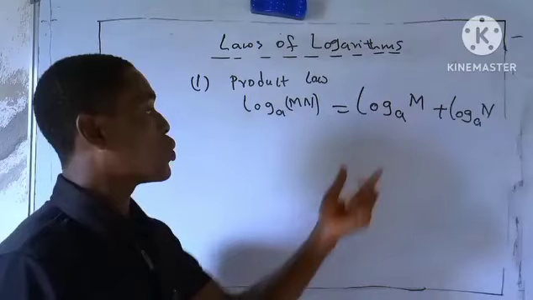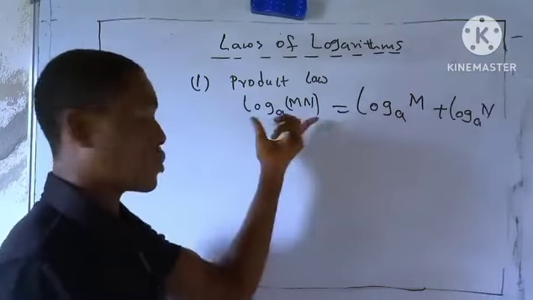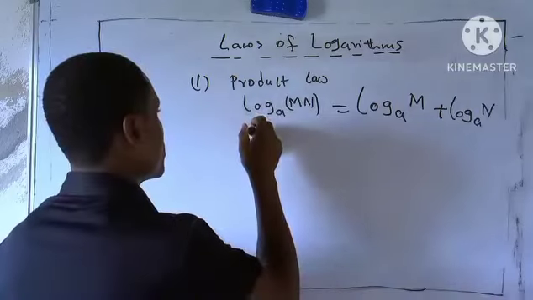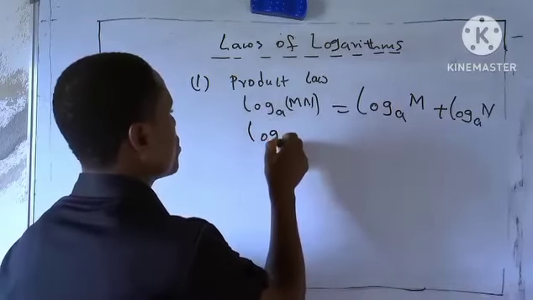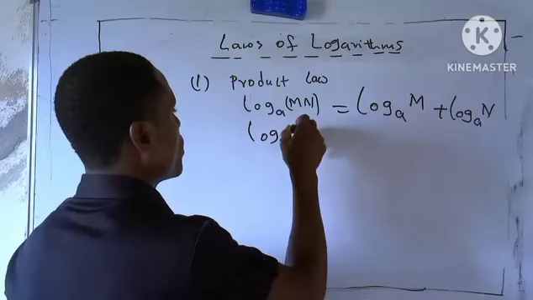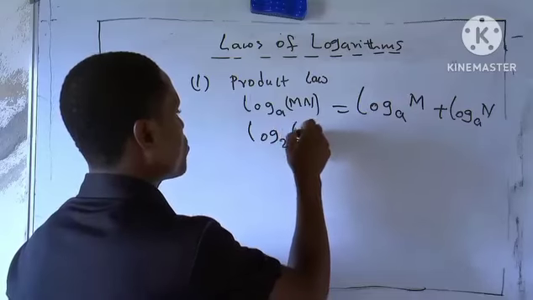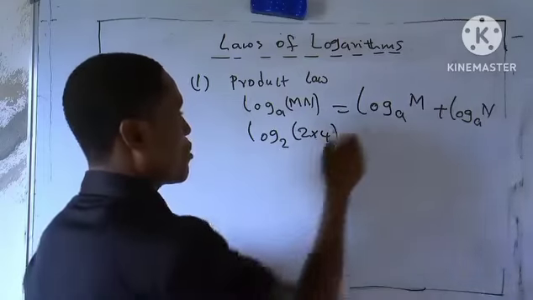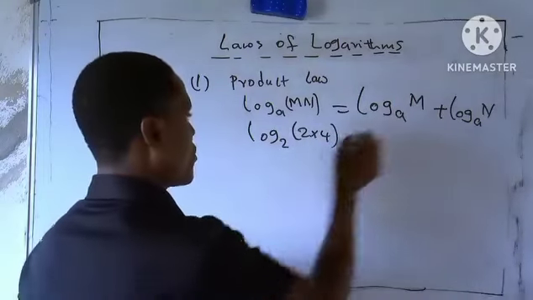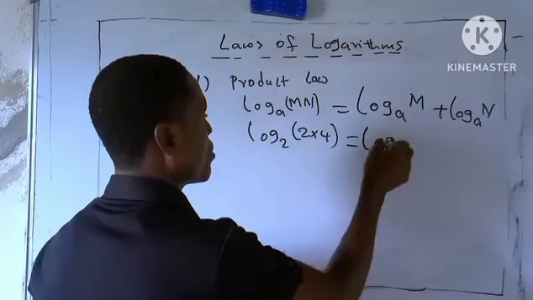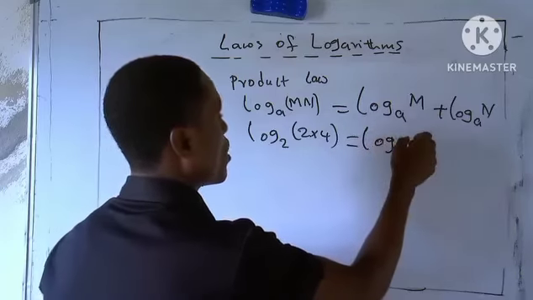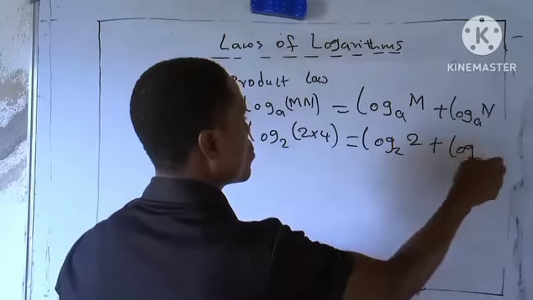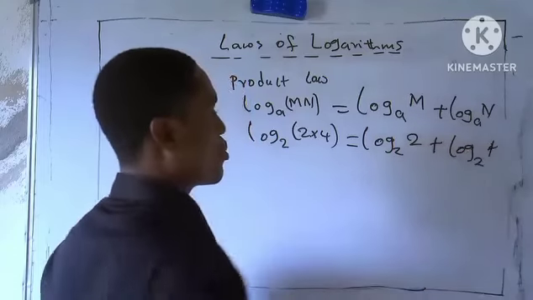Are you getting it now? So this is the first law. Let's say we have log base 2 raised to power 2 times 4. You can write it in this form. From this law, you can easily write it, right? Log base 2 of 2 plus log base 2 of 4.